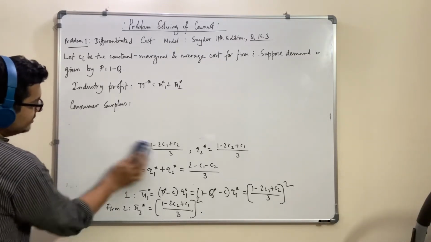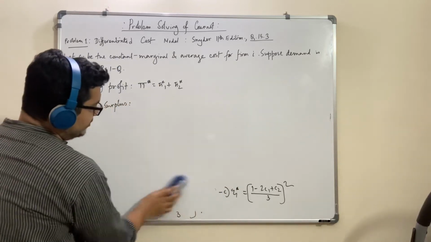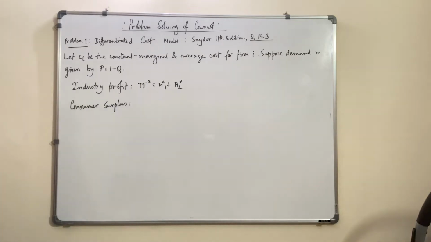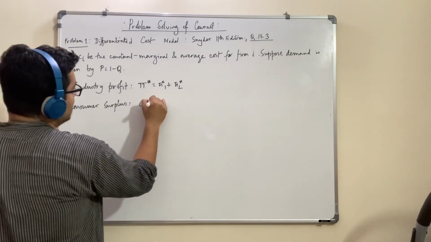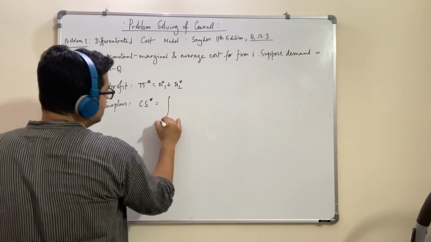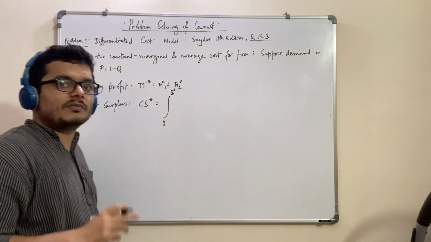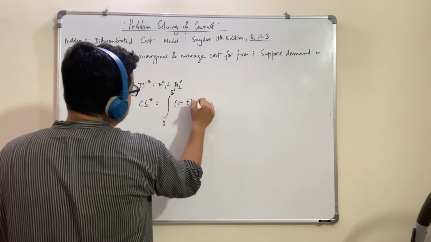For that, we are going to use the formula involving integration. So CS star, so to say, will be the integral from 0 to Q star. That's why industry output or market output is needed. (1 minus t) dt.